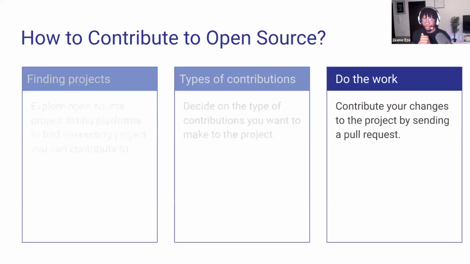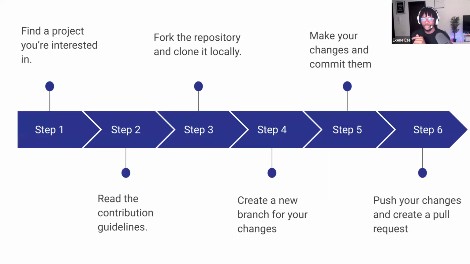And then when you've decided on the kind of contribution you want to make, the next step would be to go do the work, right? And let me show you the steps that I've followed in my own experience over the past couple of years. So you find a project that you're interested in. That is step one.